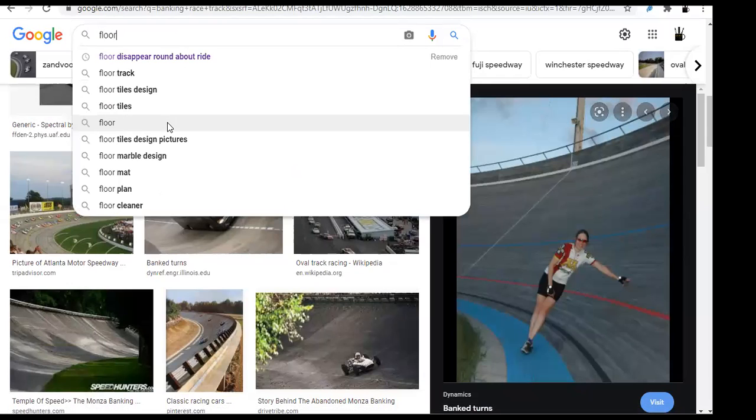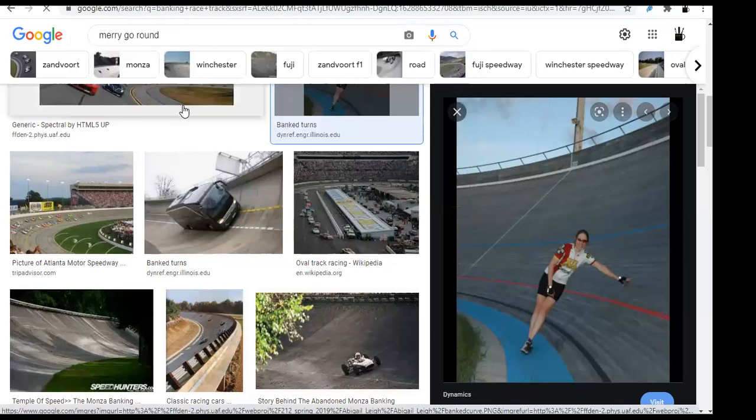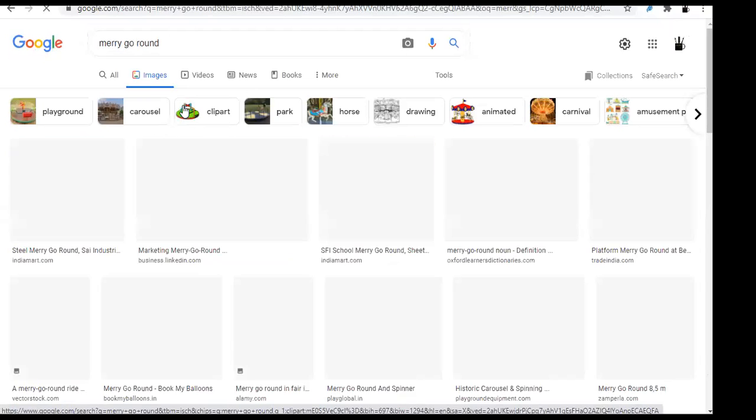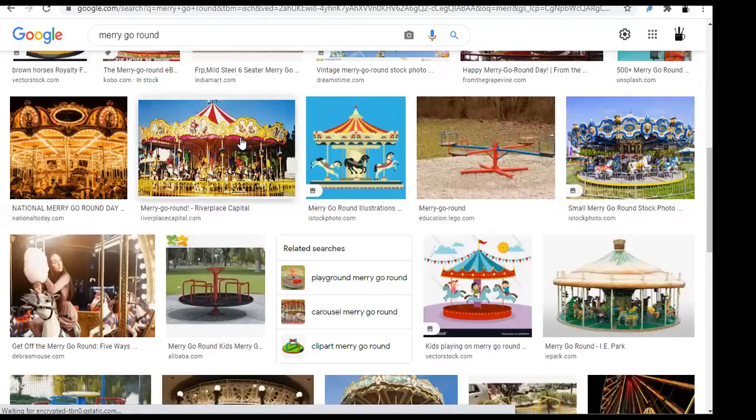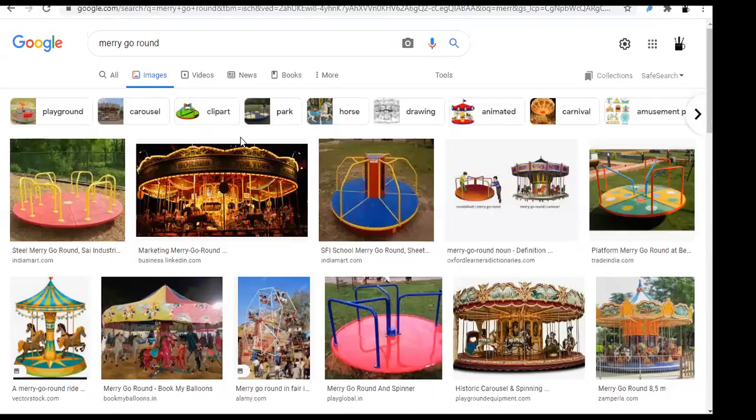Sir, it's merry-go-round. Yes, sir. It's basically where you have to stand in the place and then somebody pushes. No, I'm not talking about this one. I forgot the name of that.